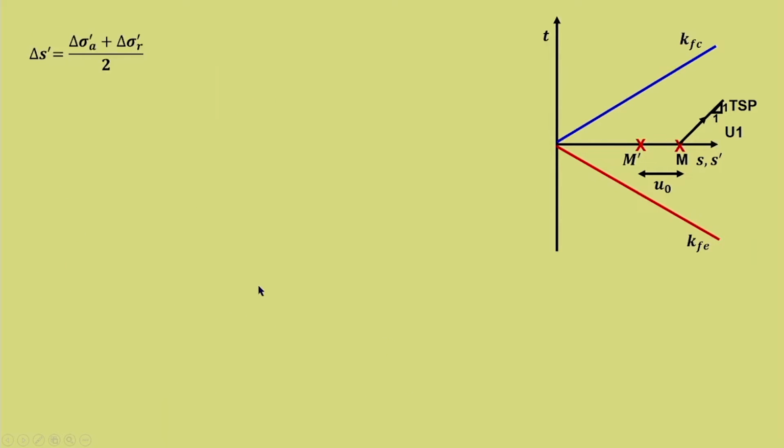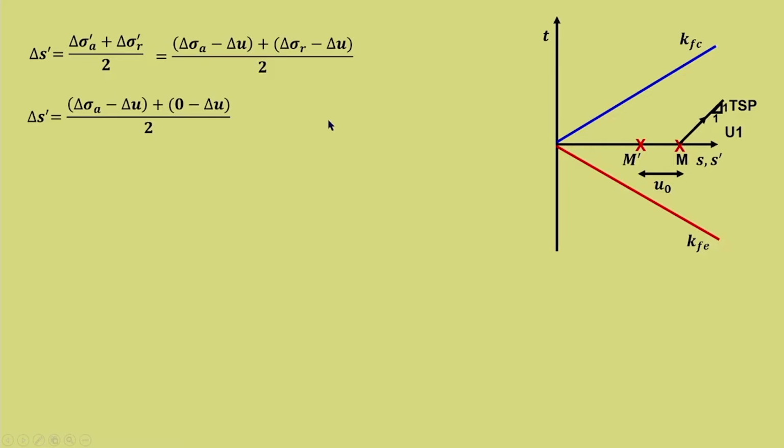Delta S dash is equal to delta sigma A dash plus delta sigma R dash by 2, substituting. So, in terms of total stress, you will get delta S dash is equal to delta sigma A by 2 minus delta U. Why? Because here it is minus of minus.